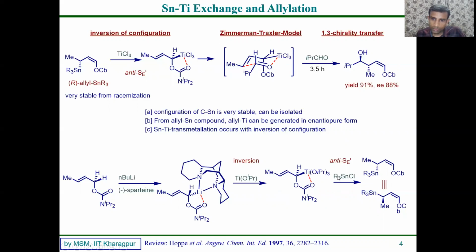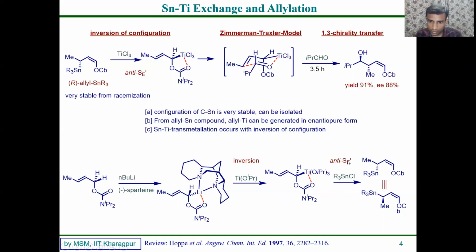It can be also, let's say, trialkyl tin chloride, and it again undergoes anti substitution, meaning it reacts from the other face, and again inversion occurs here, an anti SE prime substitution. So it reacts not directly on this carbon, rather here. You know this prime, called the SE prime reaction.